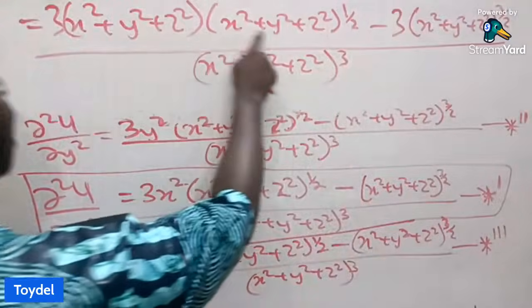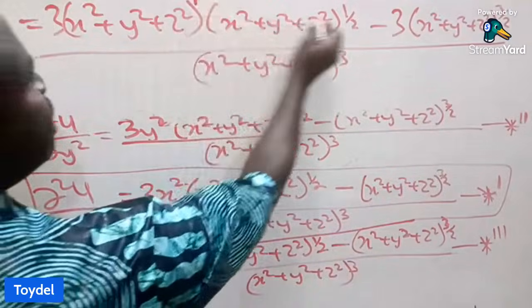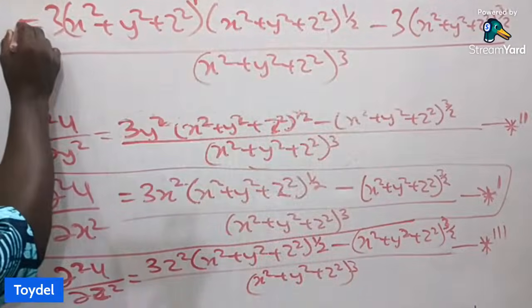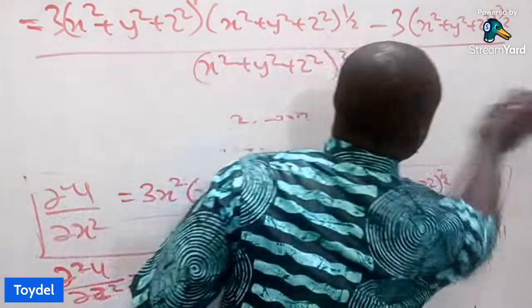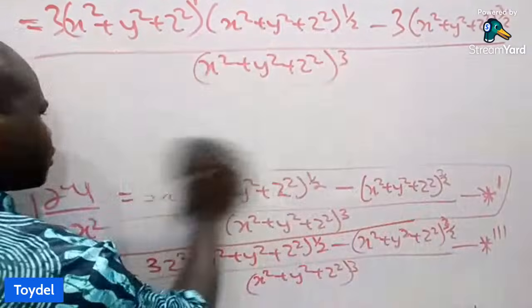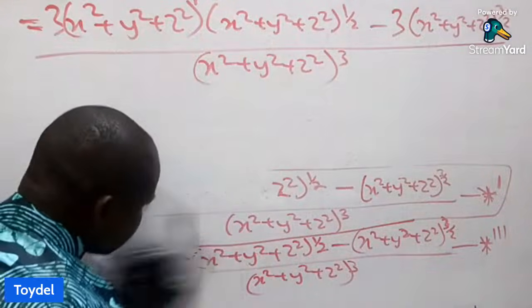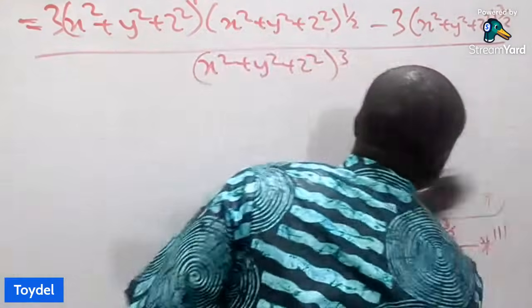So this multiplied by this, one is raised by 1, the other is raised by half. If you add the two together, just follow the note systematically. What are you going to get? That's what I'm about to do now.